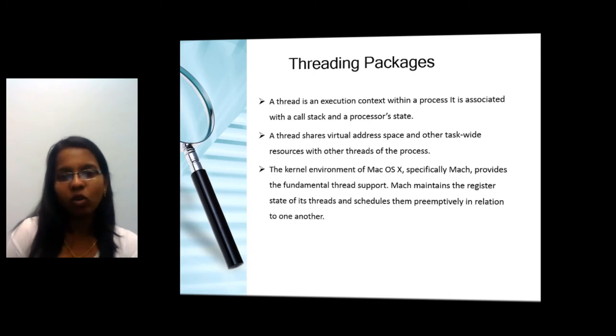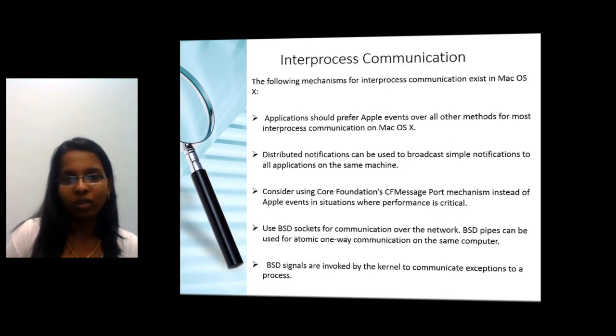The kernel environment of Mac OS, especially Mach, provides fundamental thread support. Mach maintains the register state of its threads and schedules them relative to one another. For inter-process communication, applications should prefer Apple events over other methods for most inter-process communication on Mac OS X. Distributed notification can be used to broadcast simple notifications to all applications on the same machine.